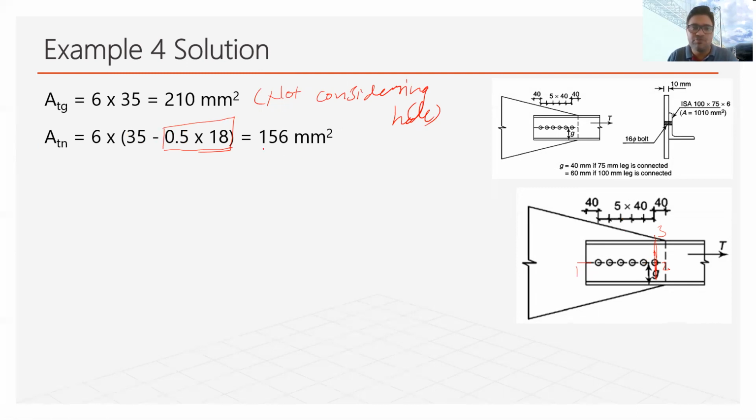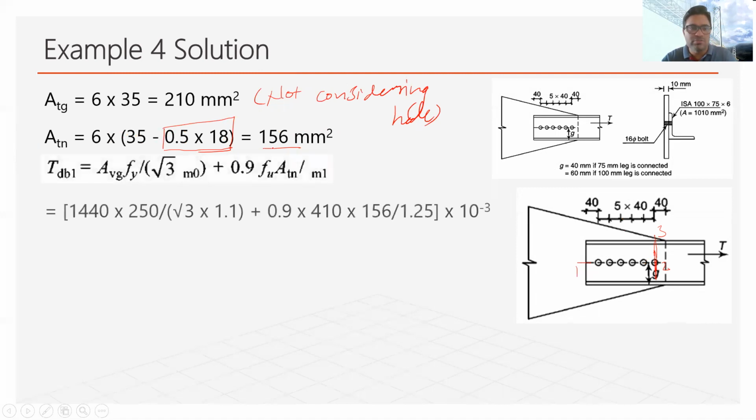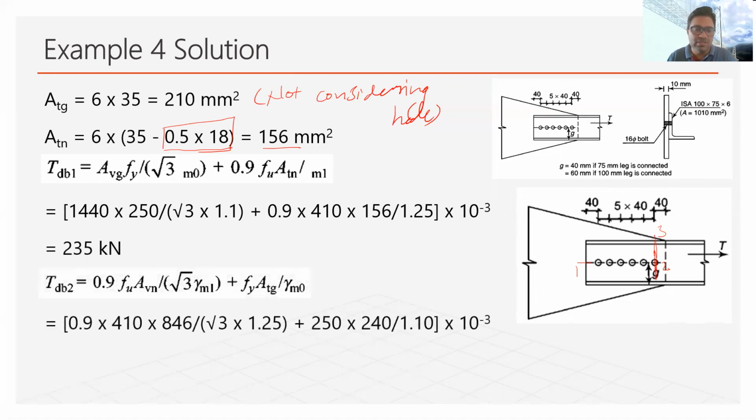Okay, so this is how we calculated the ATN. After putting all the values, we get the value of TDB1 and TDB2. So you can see here again we put all the values, this one and this one. So finally you can see TDB value is less.